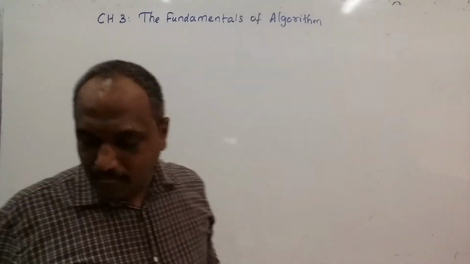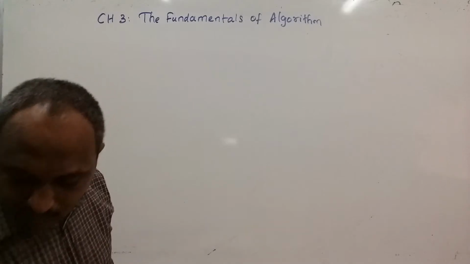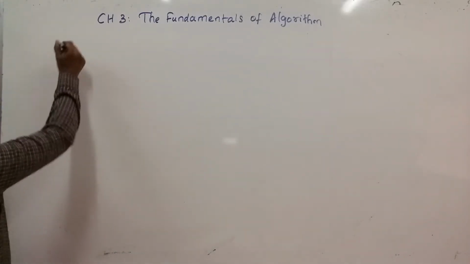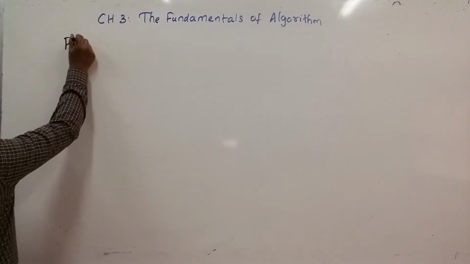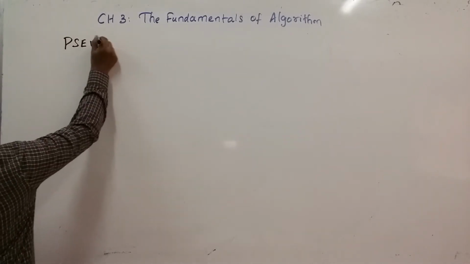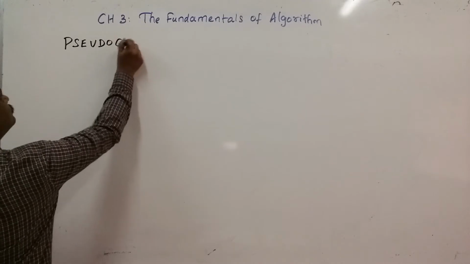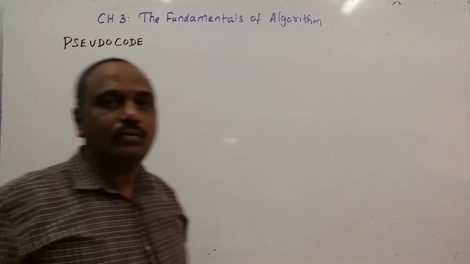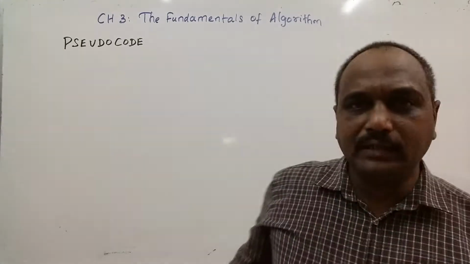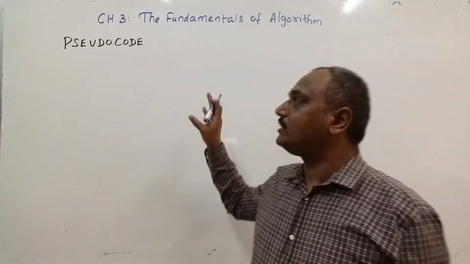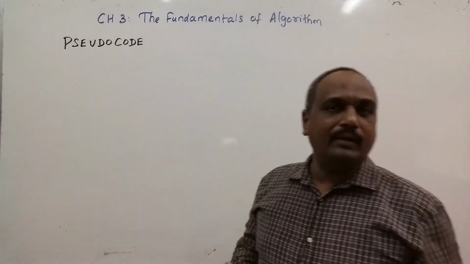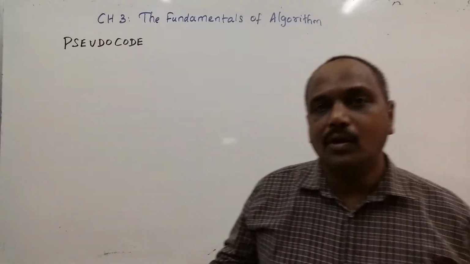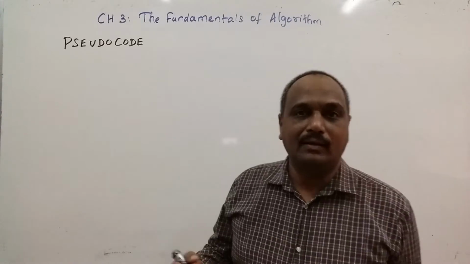In this chapter we are going to discuss another idea which is called pseudocode. This is nothing but more or less a programming language idea. You know, in earlier days, there were some softwares called Fortran, Pascal, and all.